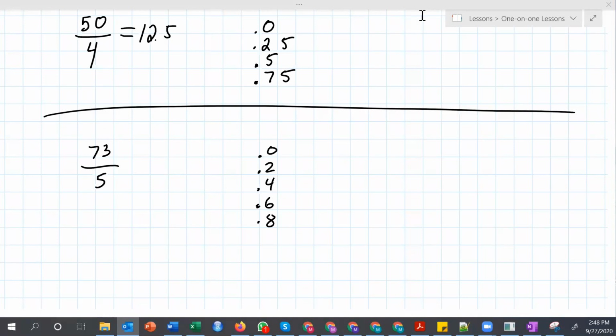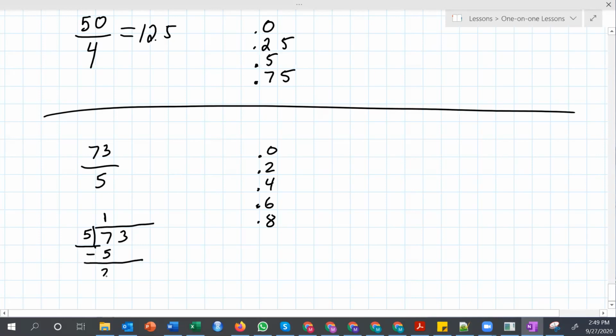I'm almost done. Is it 14.2? No, 14.4. So we don't want to guess, right? So let's put the 5 outside and the 73 inside. 5 goes into 7 one time. 1 times 5 is 5.